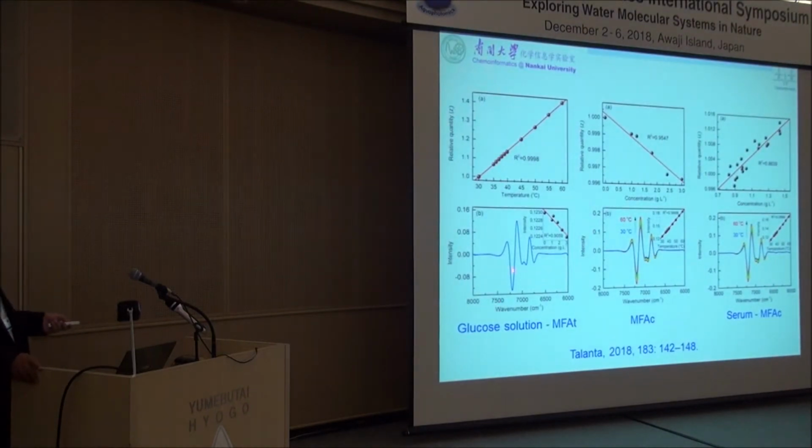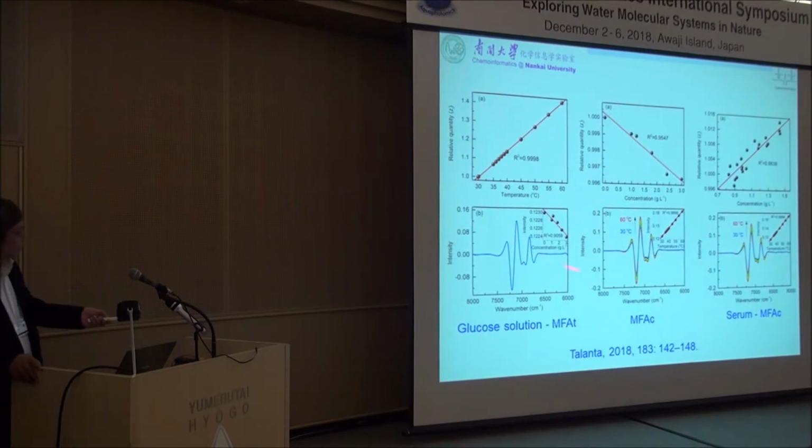And this is the result. We can see the parameter shows the difference of the temperature. The spectral variance caused by the temperature is a linear relationship. And in this figure, we can see the concentration with the spectra. It is also a straight line.